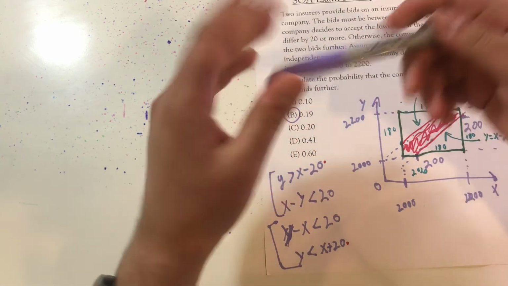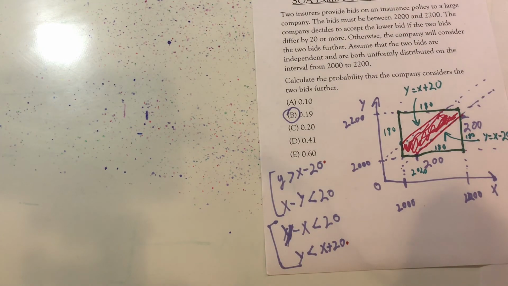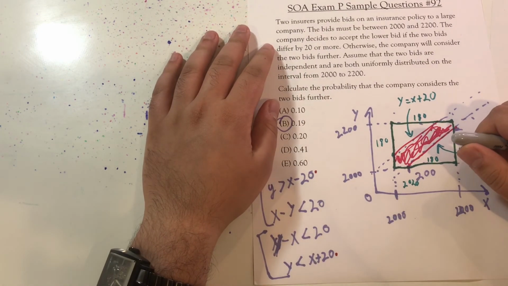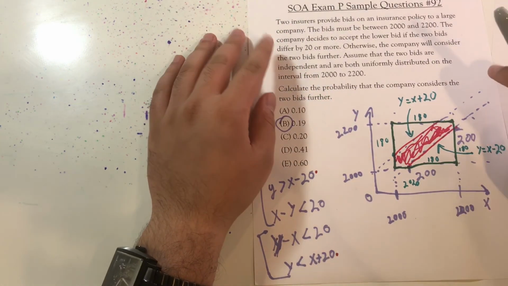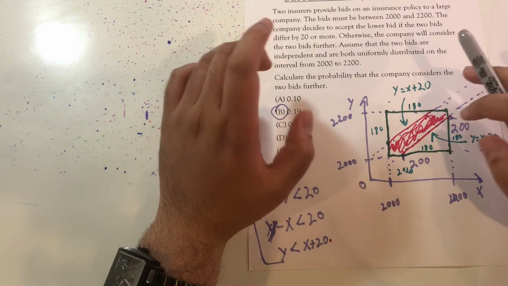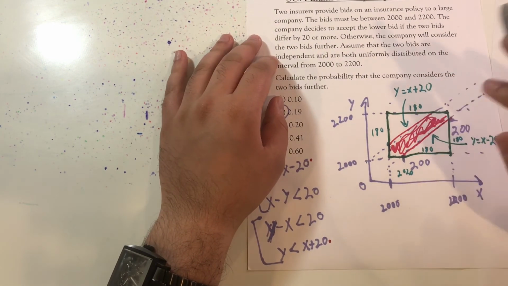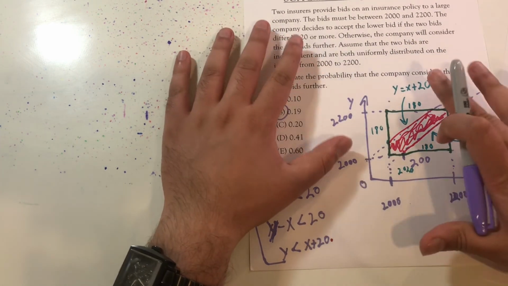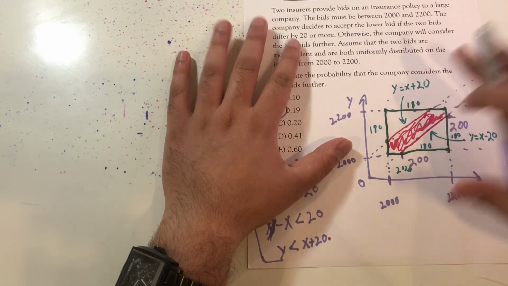Let me go over what we did. We were told that this joint, multivariate distribution is made up of two things that are both uniform. So that tells me that if I need to calculate a probability, I don't need to do calculus, I need to do geometry. Joint uniform distributions: do geometry, not calculus.